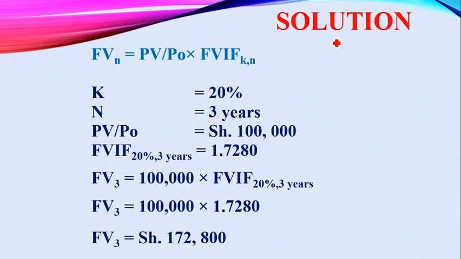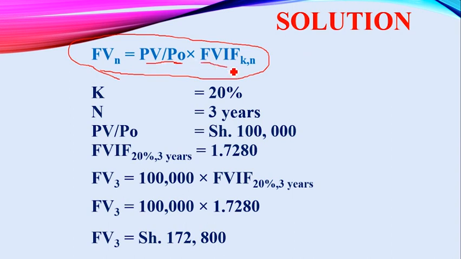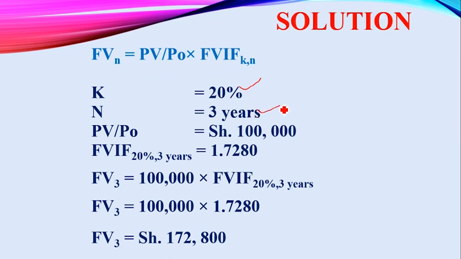Now, having known how to read this from the table, let's get to solving the previous question using the tables. I said earlier on that anytime you're solving a question, the formula must always come first. And this was the formula: the future value of n is given by the present value, or P0, which we are referring to as PV, multiplied by the future value interest factor, K n, and our K here is 20%, our N is 3 years.